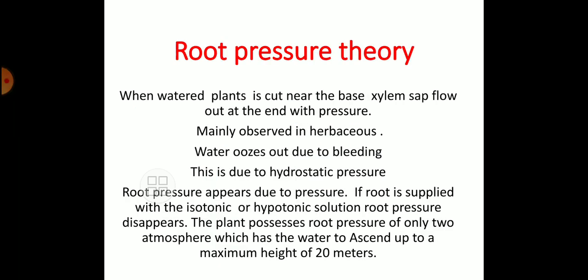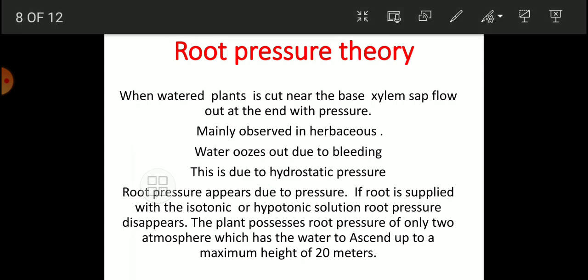Now, the root pressure theory gives an idea about the ascent of sap. Here we can see that when a well-watered plant is cut near the base, xylem sap flows out at the end with pressure. That we can also experience.